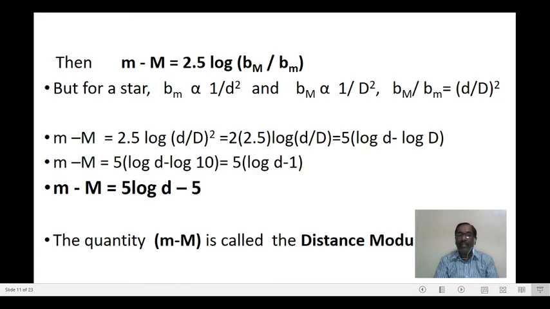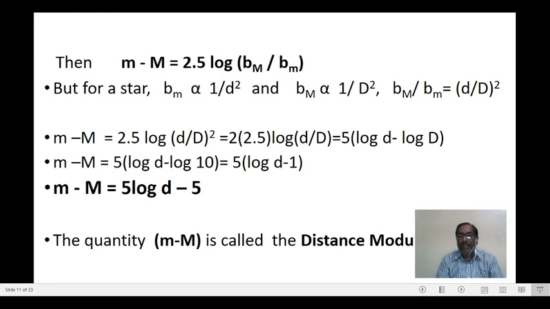Substituting this value in the above expression, we get m minus M equals 2.5 log (d by D) whole square, that equals 2 into 2.5 log d by D, or 2 into 2.5 is 5, 5 log d by D, which can be written as 5 (log d minus log D).